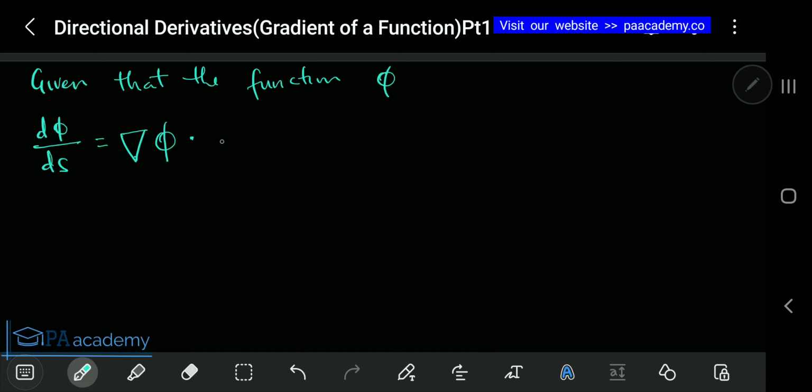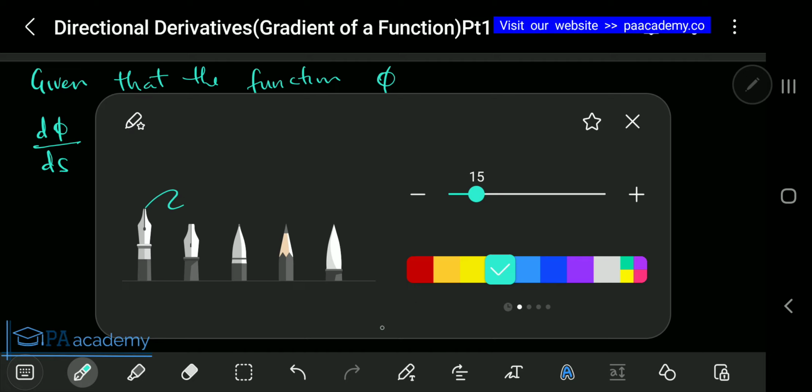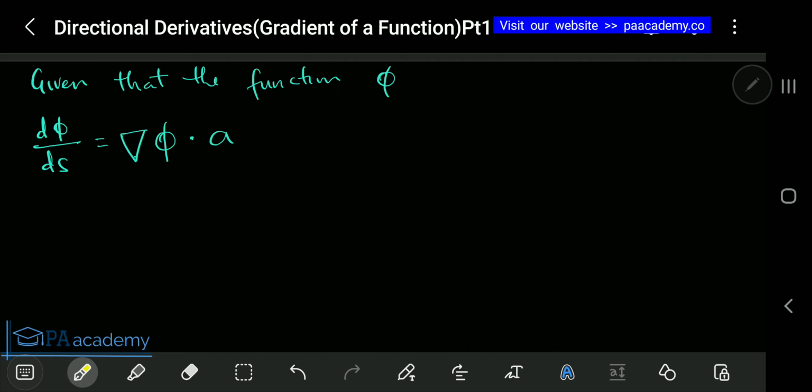and the dot product of a. So I'll explain what a means.